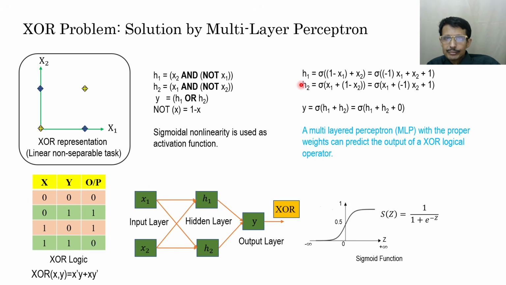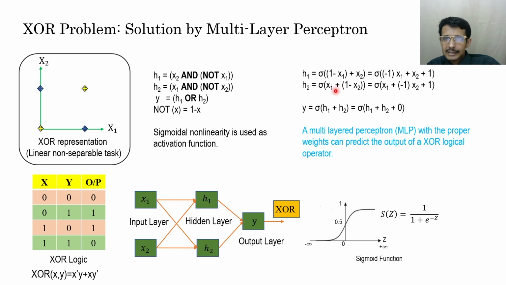So essentially, if we put this mathematically, H1 is sigma, basically a sigmoid nonlinearity, of 1 minus x1, that is not of x1, plus x2. That means minus 1 into x1 plus x2 plus 1, something similar. H2 is basically the sigma of x1 plus 1 minus x2, that is x1 minus x2 plus 1.